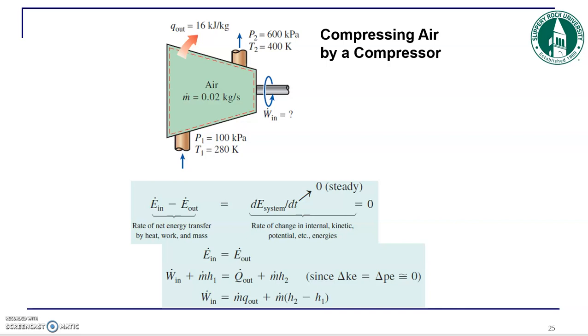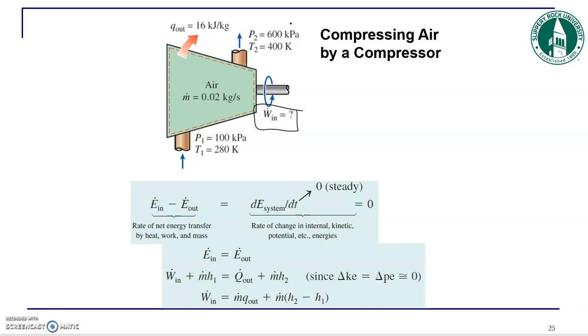So you can see here that we have a work in, and the purpose of this picture is, for example, to calculate what is the input work. So you can write the first law of thermodynamics for these types of devices. It's basically the same law. You can see it's an open system.